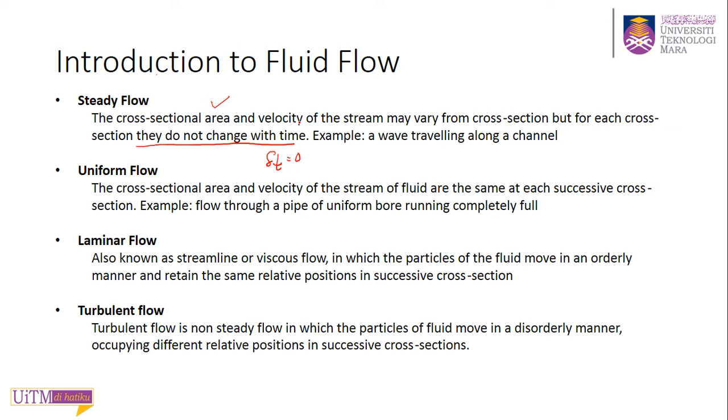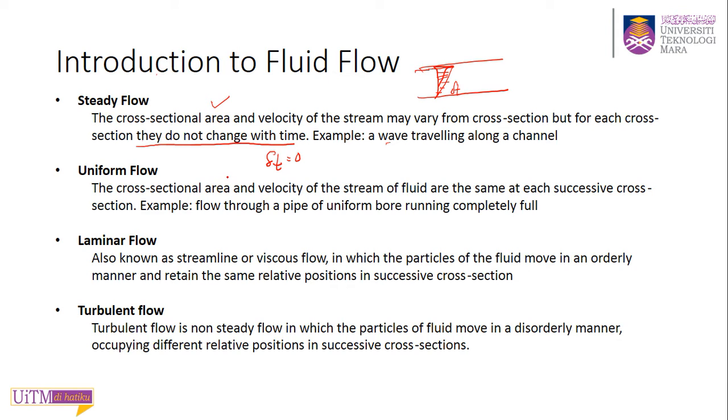For example, a wave traveling along a channel. If you have a steady flow, at any cross section here, the velocity does not change with time. So that's the definition of steady flow. They give you an example here, a wave traveling along a channel.